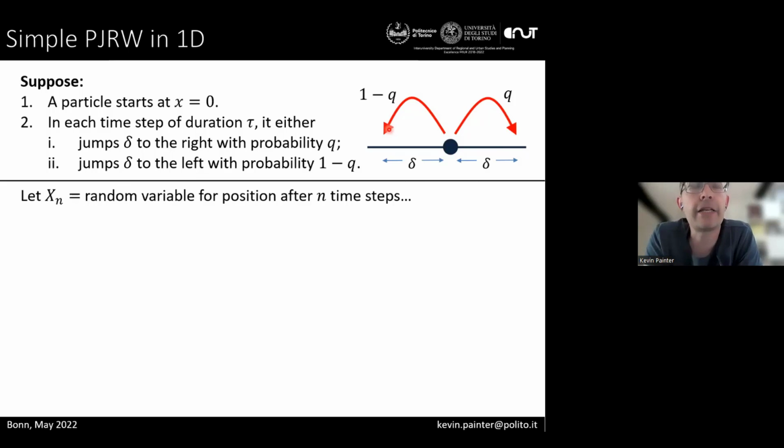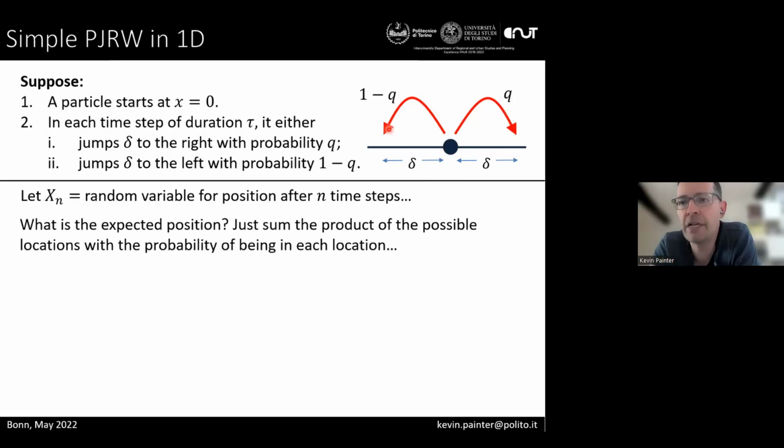Let's then denote by xn the random variable for the position of my particle after n time steps. So that's my random variable. And the first question I could try and come up with, if I'm trying to get those population measures, is what is the expected position of the particle after these n time steps?